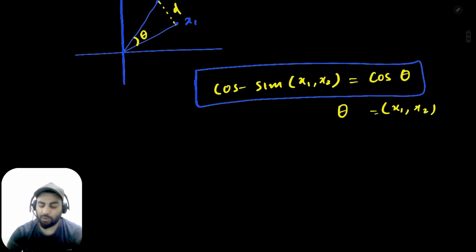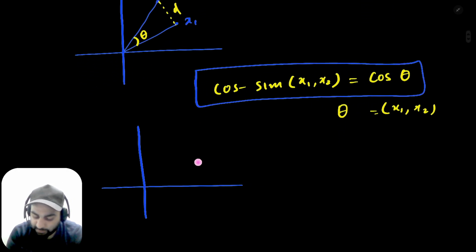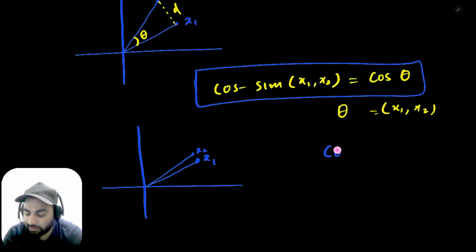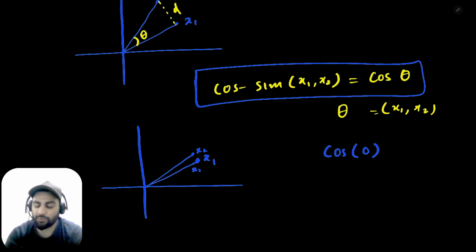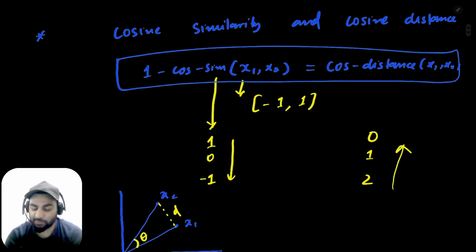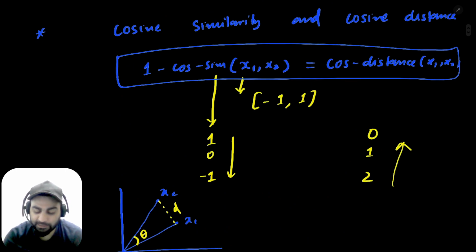Okay, so if I have a point, for example x1 over here, and then there is a point x2 over here, this is x1 and this is x2. Now you see there is a small angle between them. Or let's suppose even if there is a point x2 onto this, then the angle between them is 0. So then the similarity is 1. So 1 means the highest similarity. So that's what I was saying here. So then what's the distance?